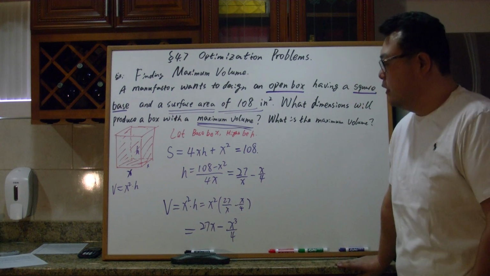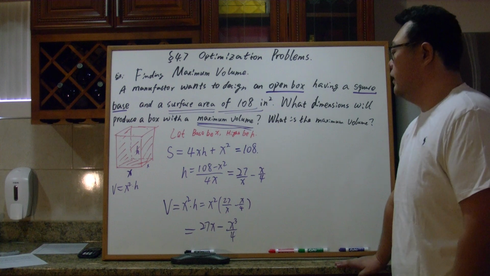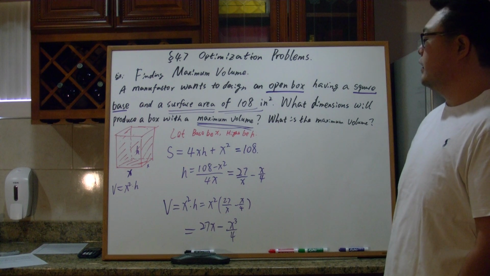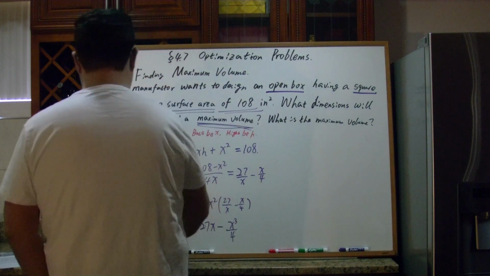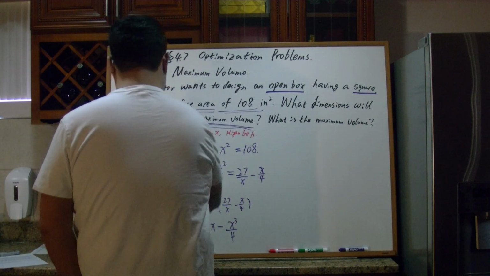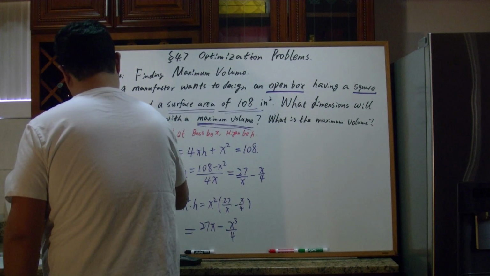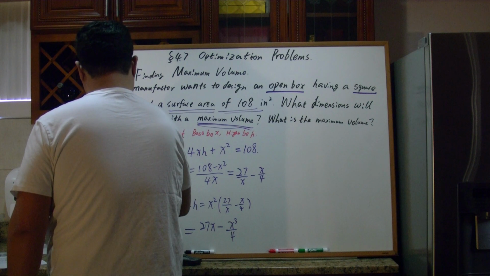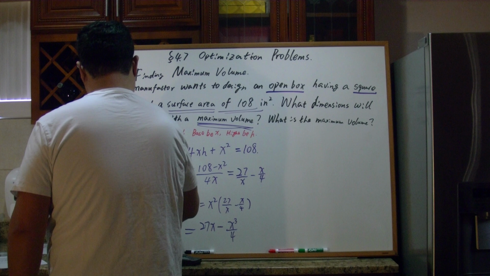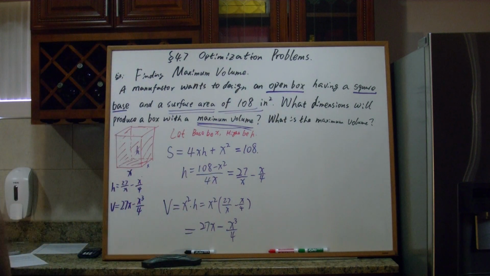That is our volume. Then to find the largest here, maybe we erase some parts. The height is 27 over x minus x over 4. The volume is 27x minus x to the third over 4. And that is our function.